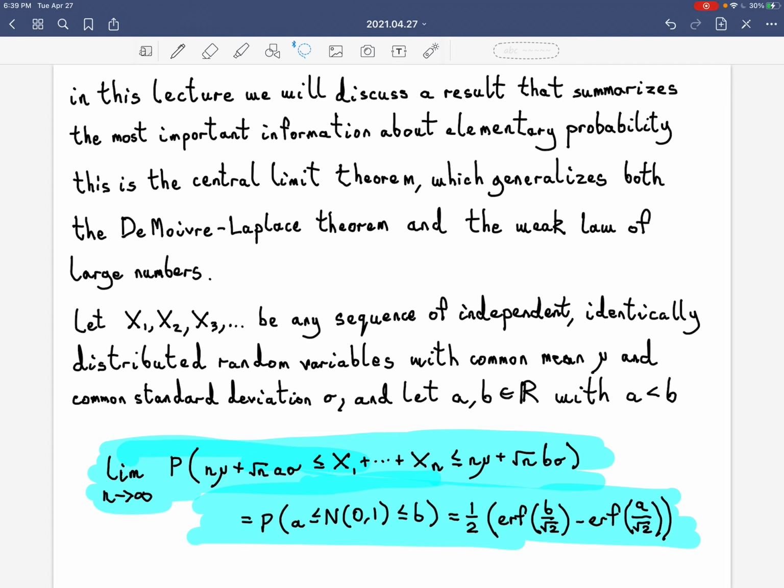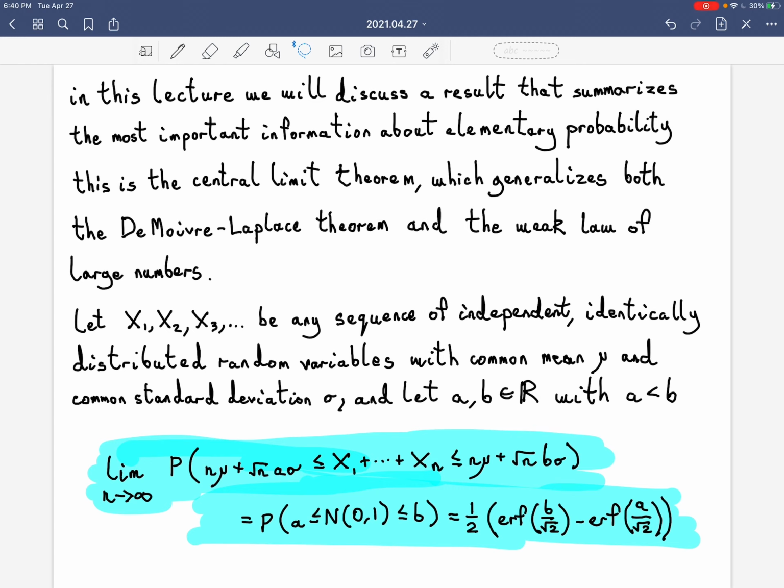And we get that this probability is again approximated by the probability of the standard normal lying within the bounds that you're using to measure the interval for the long-term result. So we have a lower bound of a, and that means we put a lower bound of n mu plus square root n a sigma, because we're supposed to be thinking of n mu as the center, and square root n sigma as the unit.